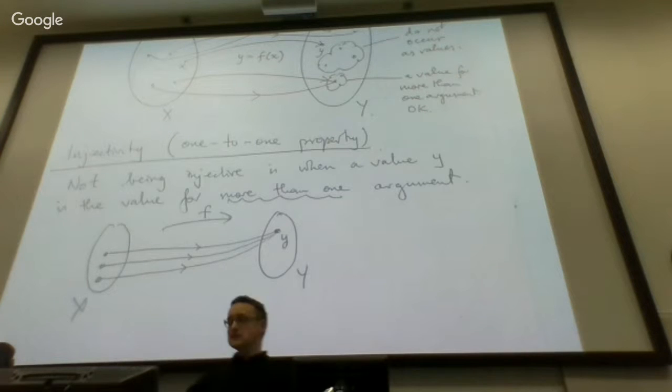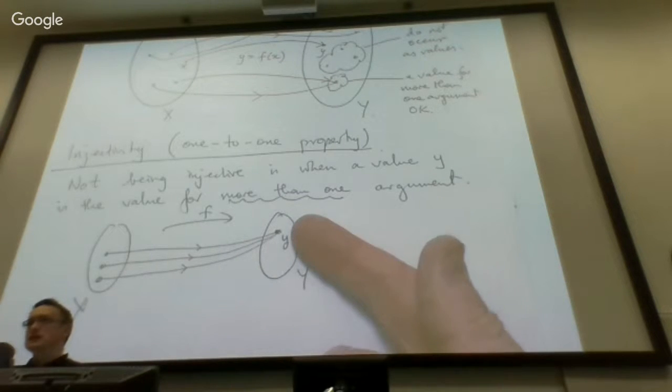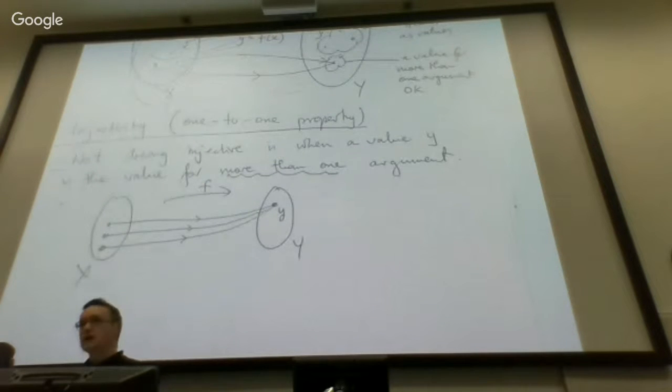So that's non-injective behavior, non-one-to-one, because this is kind of 3-to-1 behavior in this example. So one-to-one is where for any particular element y in the codomain, you have at most one argument that gets sent to it. There may be no argument at all that gets sent to that y in the codomain, but if there is, there can only be at most one.